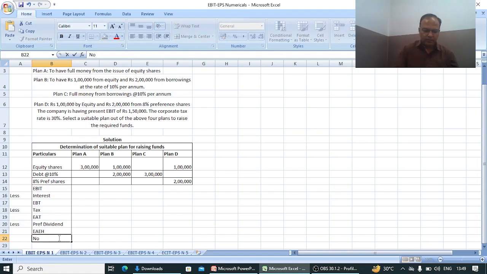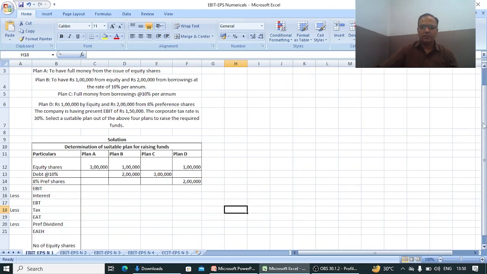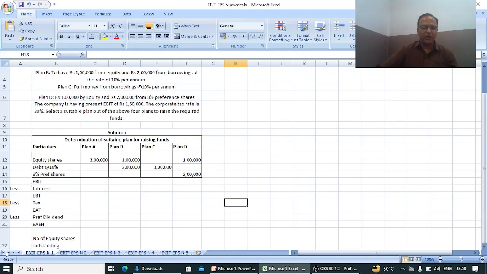Now, number of equity shares outstanding.